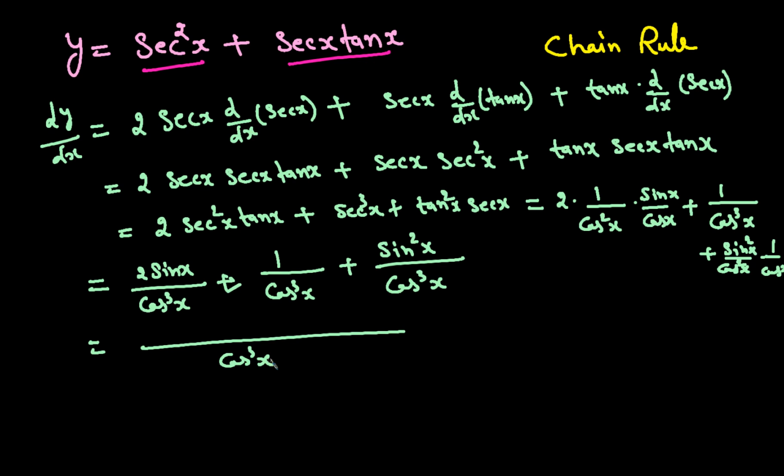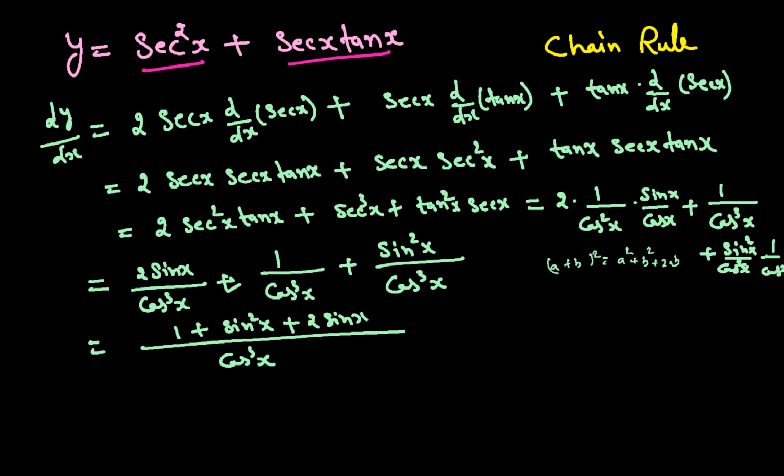So this can be written as 1 plus sine square x plus 2 sine x. I just rearranged them because I'm going to use one formula over here. If you all remember, a plus b square is equal to a square plus b square plus 2ab.